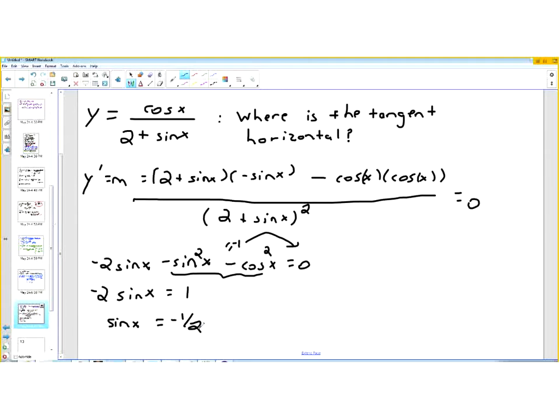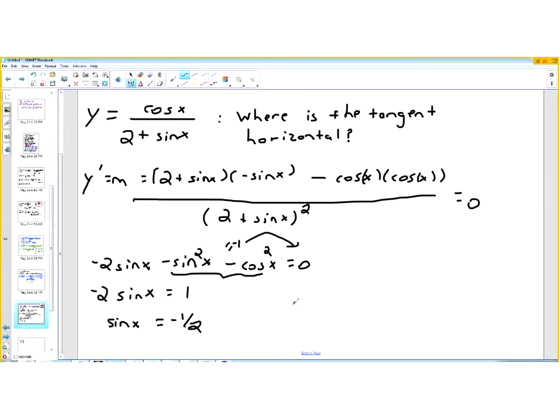Okay, and so you can go to my trig website and find out which points the sine of a number is equal to -1/2, and that turns out to be at the sine of, I'm sorry, not 60 degrees, the sine of 300 degrees and the sine of 240 degrees.